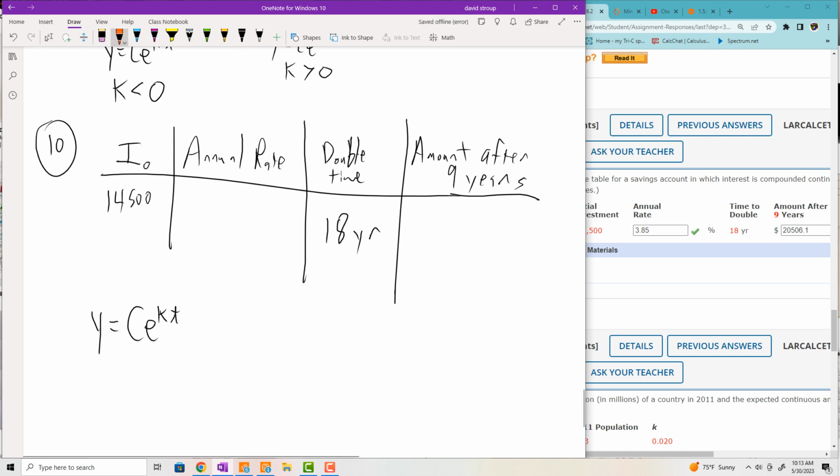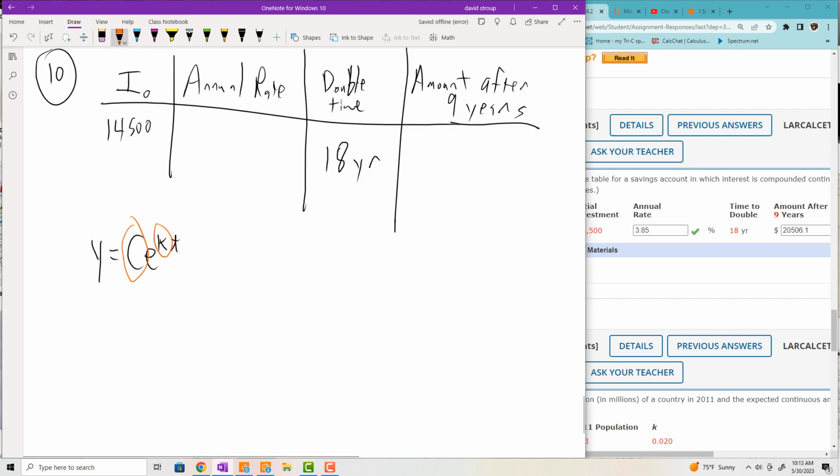You want to figure out what c is, what k is, and then figure out the unknown information. So in this case, they're giving you the initial amount, which is the c value. So for free, you automatically get the c value, which is 14,500. We need to figure out then the k value.